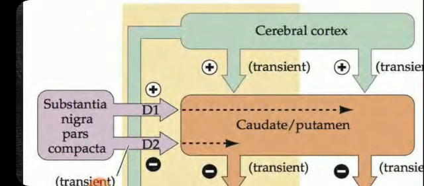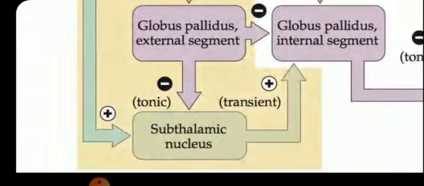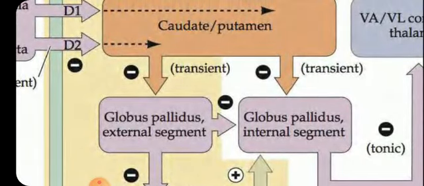From the striatum, for the direct pathway, fibers go directly to globus pallidus internus, and for the indirect pathway, fibers go first to the globus pallidus externus, from there to the subthalamic nuclei, then to the globus pallidus internus, then the thalamus to the cerebral cortex.